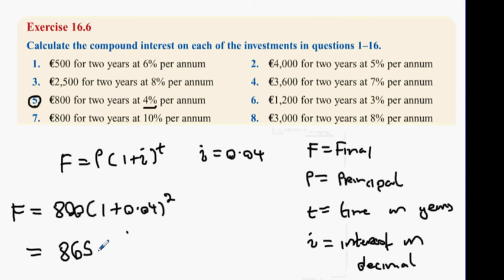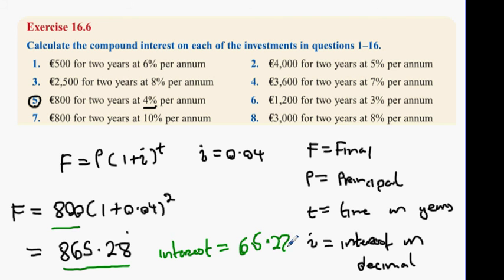So we started off with €800, we invested the money, and now we have €865.28. How much extra money did we get over the 2 years? €65.28. That's referred to as the interest. The interest we made was €65.28.